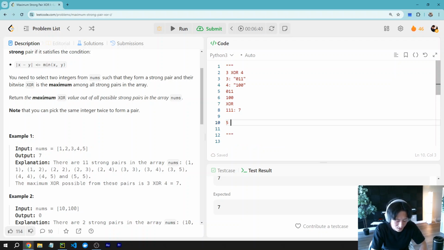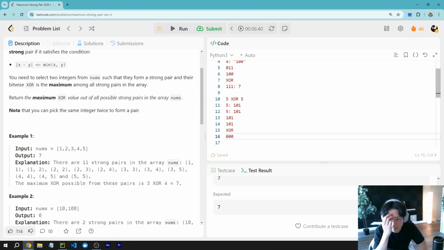If I take 5 XOR 5, 5 is going to be 1 0 1, and 5 is going to be 1 0 1, so 1 0 1 XOR 1 0 1 is 0 0 0. I couldn't think about it. I feel I'm so dumb.